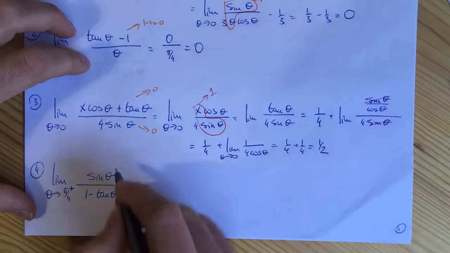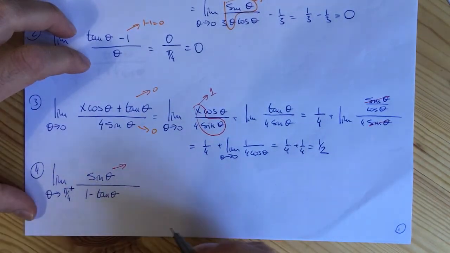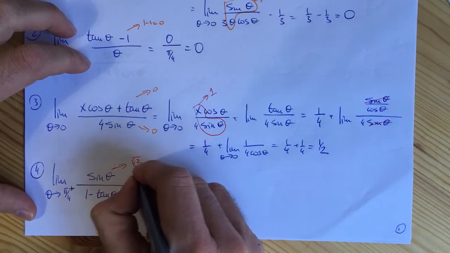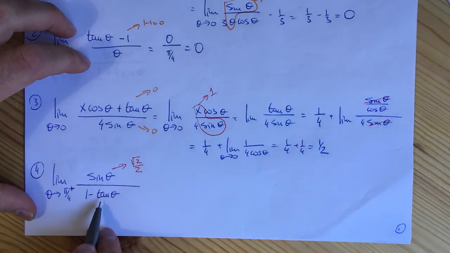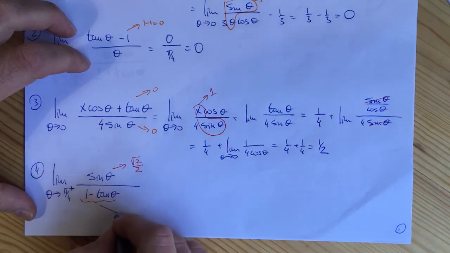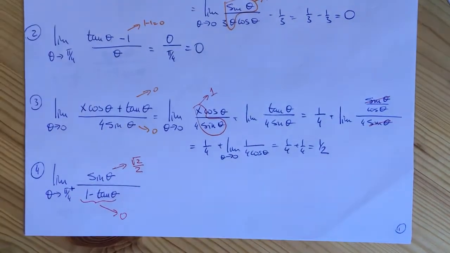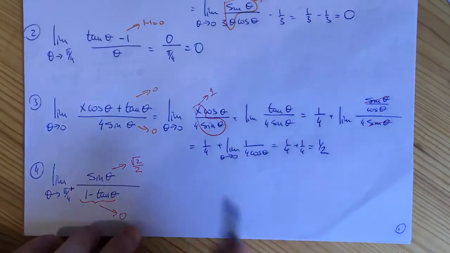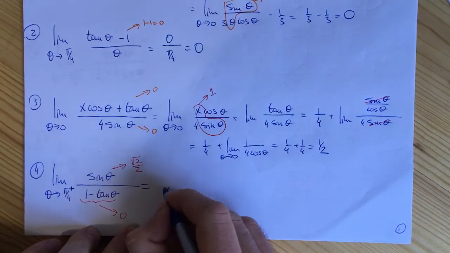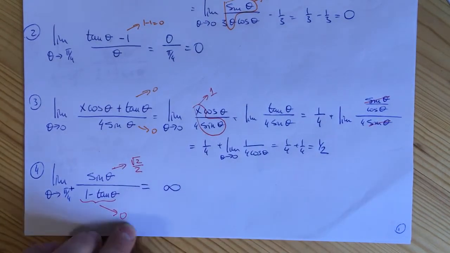In the next problem, the numerator approaches, by direct substitution, sine of pi over 4, which is square root of 2 over 2. And then I already said that tangent of pi over 4 is 1, so 1 minus 1, this thing goes to 0. So right away we know that this ratio is going to go to infinity.